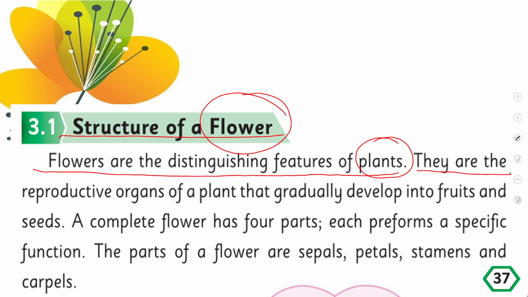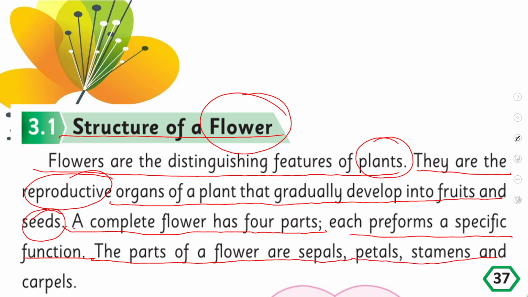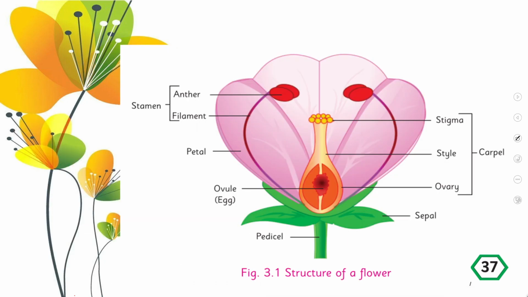They are reproductive organs of a plant that gradually develop into fruits and seeds. A complete flower has 4 parts. Each performs a specific function. The parts of a flower are sepals, petals, stamens, and carpels. One by one we will have a look.